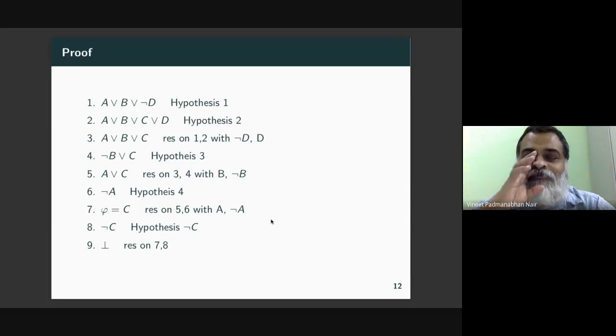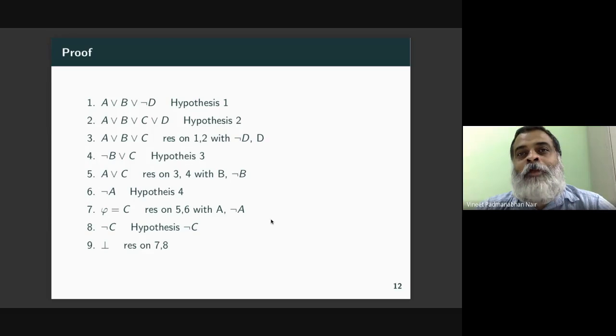So 3 things we did today. First was conversion of any given formula into CNF, and similarly DNF also you can do. I didn't show that because there is no need. Any given formula, you can convert it into a conjunctive normal form or a disjunctive normal form. The second one we saw was Horn clauses.